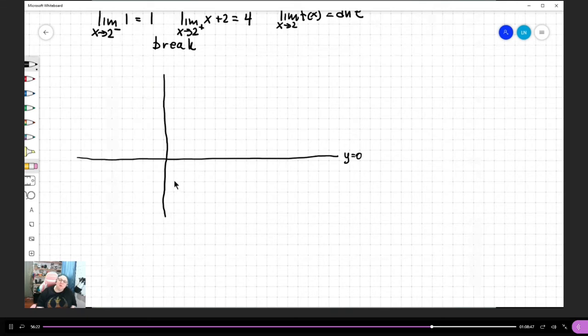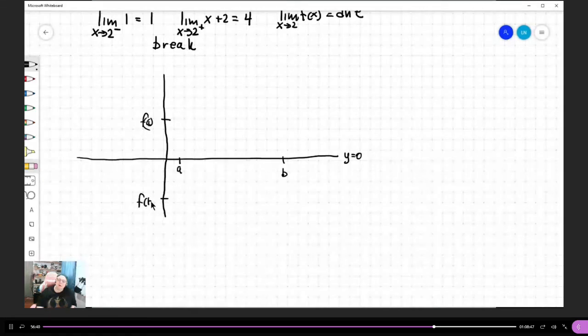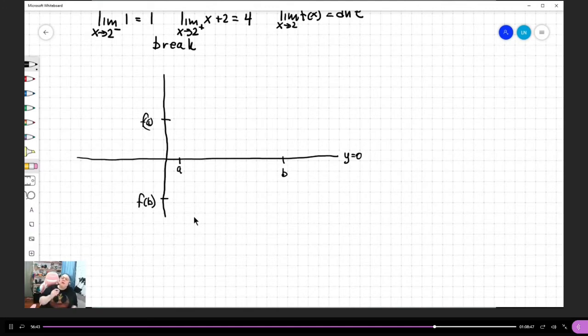The theorem says if I have a continuous function on a closed interval, here's a and here's b, with f of a up here and f of b down here, then somewhere in between a and b the function has to cross the x-axis. There's no way to get from here to here without crossing the x-axis. So somewhere in between I have a c such that f of c is 0. That is, the function has a root.